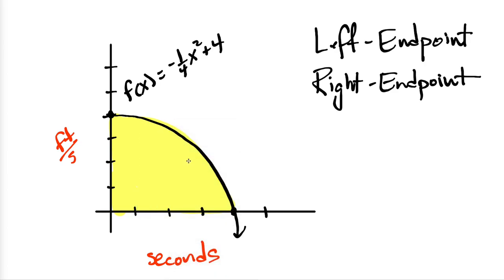So when you're doing those endpoint methods, you're waiting until the right endpoint touches the curve? Yep. The third method would be this one. Where am I stopping the rectangle? In the middle of my rectangle. So they call that midpoint.